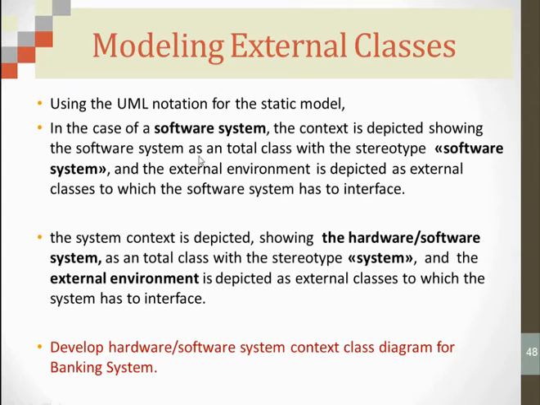As I mentioned, if we take the system as software only, the stereotype we write is software system. If we take the system as hardware and software, the stereotype will be system only.